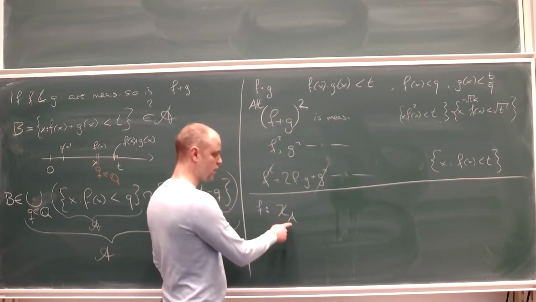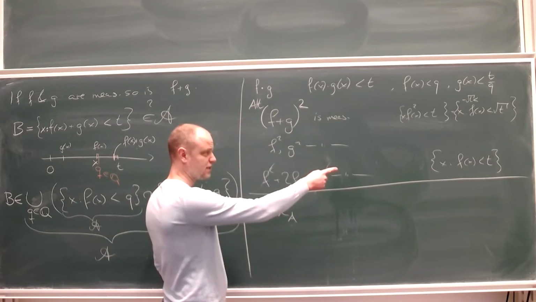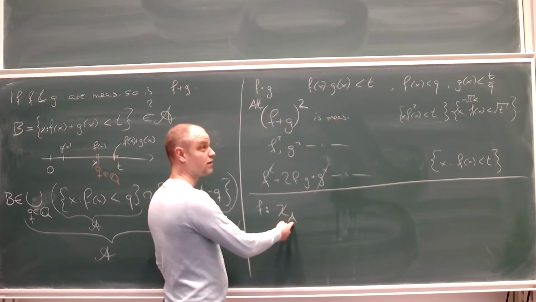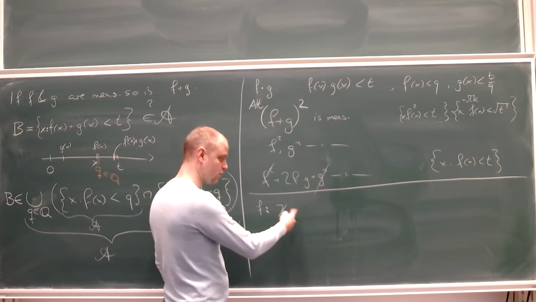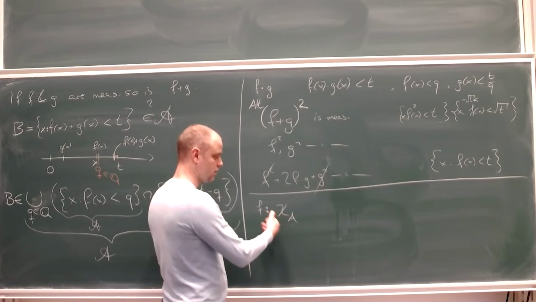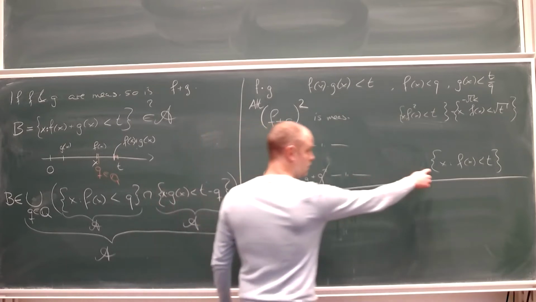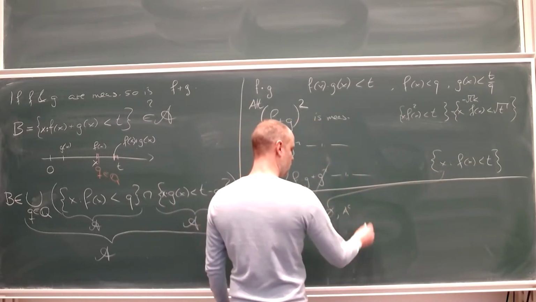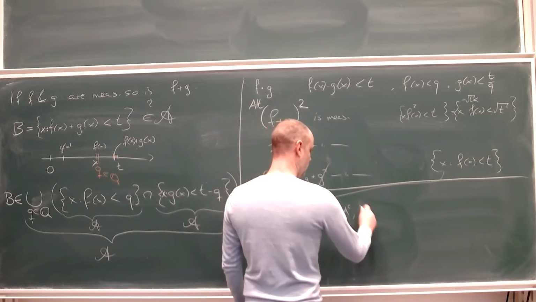this is 1 on A and 0 elsewhere. So if you look at that, if t is less than 1, it's going to be the complement of A. Well, if t is less than 0, you get the void set. If t is less than 1, you get the complement of A. And if t is bigger than 1, you get the whole space X. So the possible level sets here are the empty set, A complement, and the full space X, we can call it.